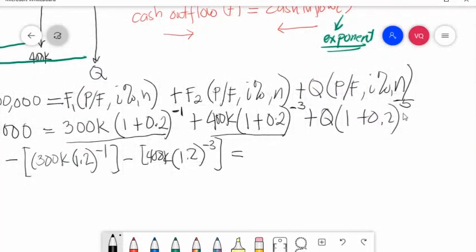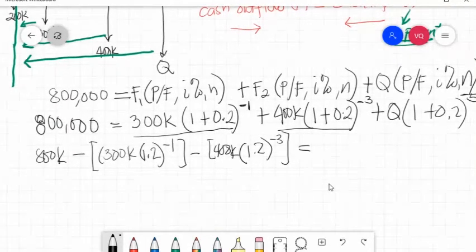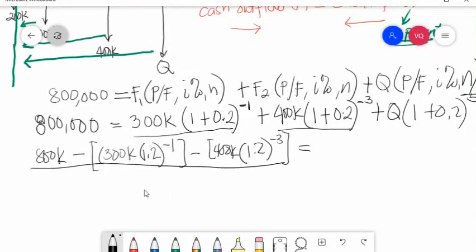So that is negative 5, divided by 1 plus 0.2 raised to negative 5 equal to our unknown Q.